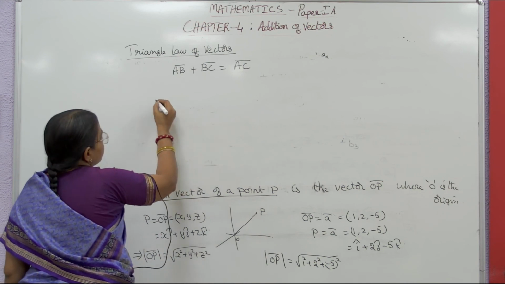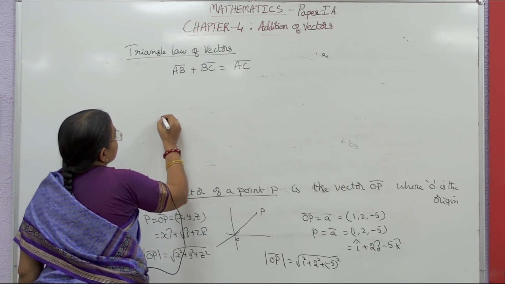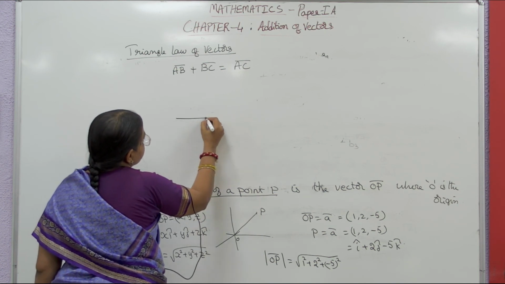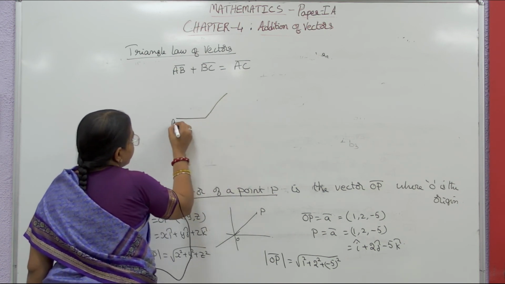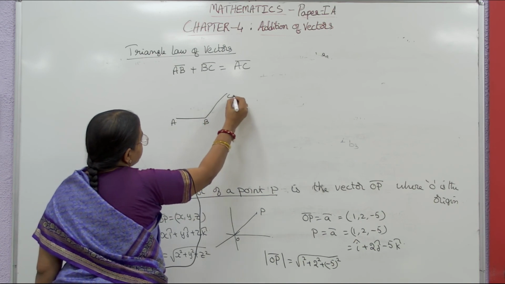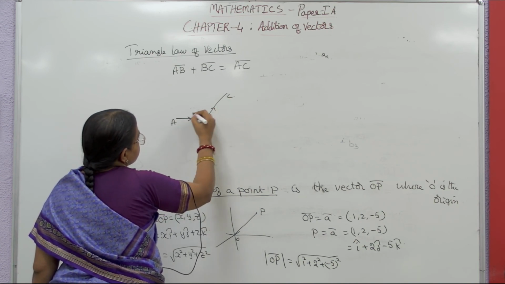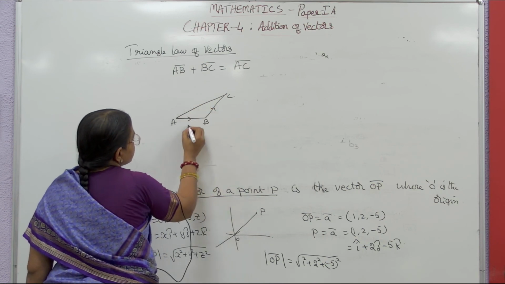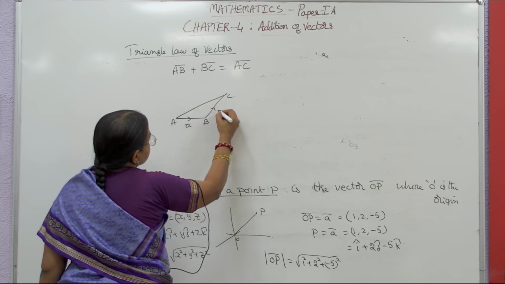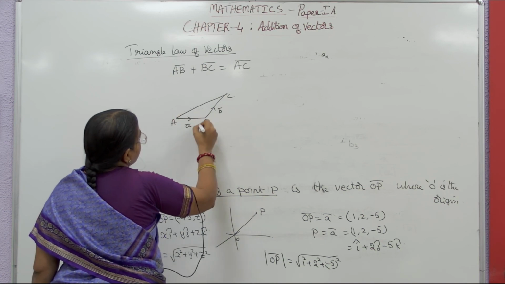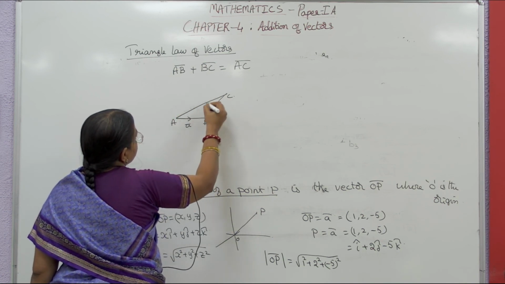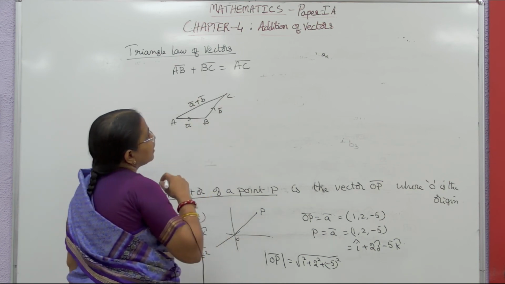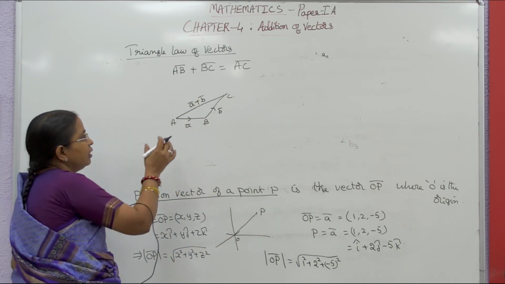Suppose you have two vectors which represent the sides of a triangle, AB and BC. So AB plus BC is equal to AC. Suppose AB is equal to a and BC is equal to b, then AB plus BC is equal to a plus b. So this is the triangle law of vectors.